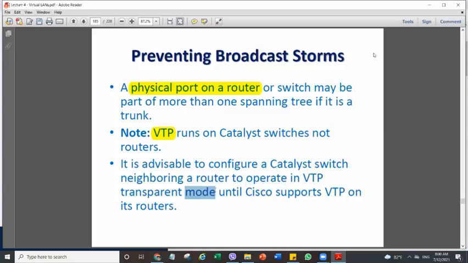So eventually the layer 2 level of the router, as per this, assists the VTP communication. But there is a conflict with this statement: VTP runs on the catalyst switch, not the router. Okay, then VTP runs on the catalyst switch.